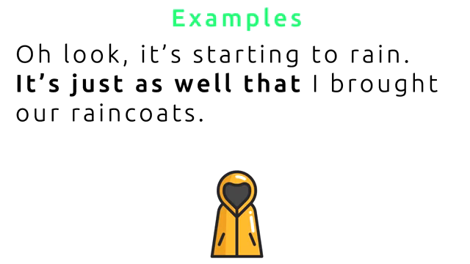Here's the first one. Oh, look, it's starting to rain. It's just as well that I brought our raincoats. In this example, we're talking about a lucky thing, not something bad. Remember, there are two ways we can use this pattern. We can use it for something that seems bad or something that's lucky.